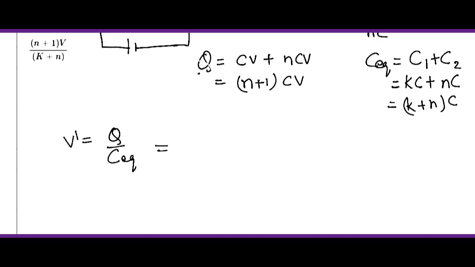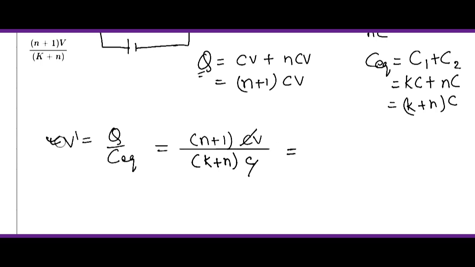If the charge is Q, we can write (N plus 1) into CV divided by C equivalent, that is K plus N into C. Here C and C both will be cancelled out, so the new potential will be (N plus 1) divided by (K plus N) into V.